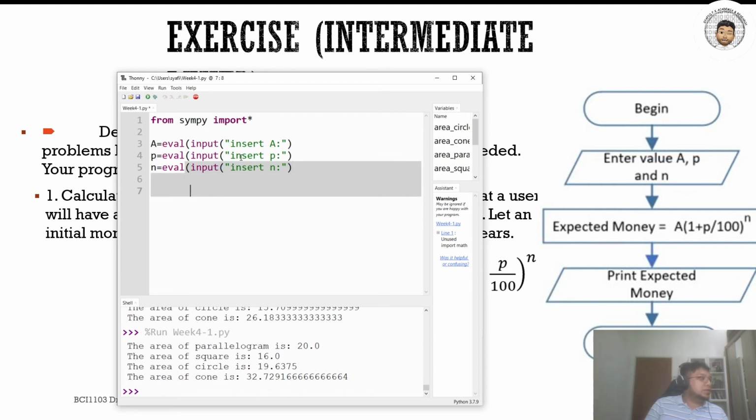From these 3 inputs, we go towards the equation immediately: the expected money.